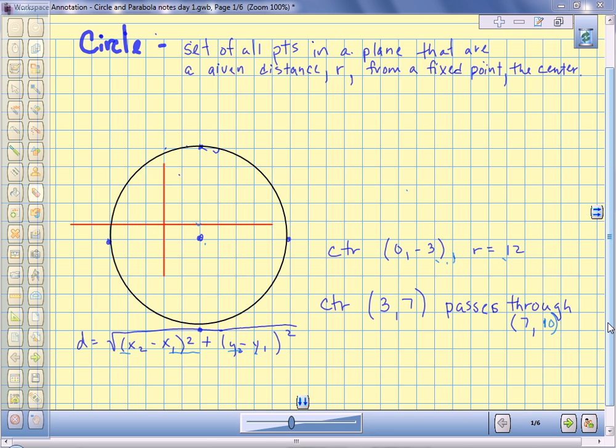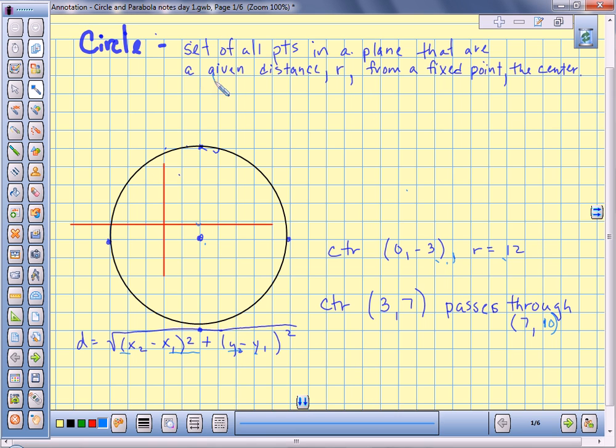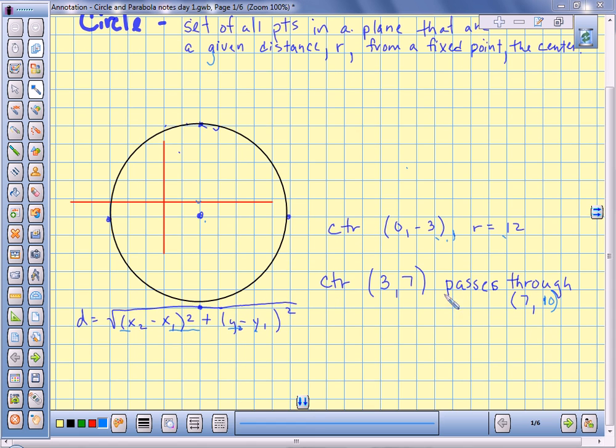Is it? Yes? Okay. All right, so let's see how we develop the formula for the circle. It is already on your note sheet, but let's take a look at this. Does everybody recognize this formula? Yes. This is the distance formula, isn't it? The distance is the square root of the difference in our x's squared plus the difference in our y's squared.